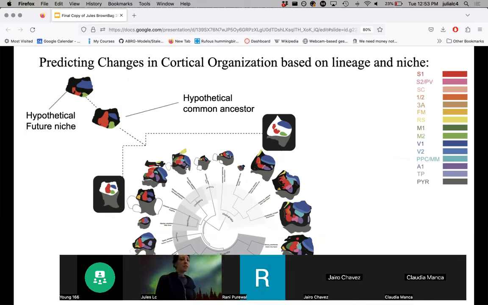And then interestingly, we can ask about hypothetical future niches. We know that a lot of habitats are changing, so perhaps we can alter the types of information in a certain niche and predict what kind of cortical organization would result.